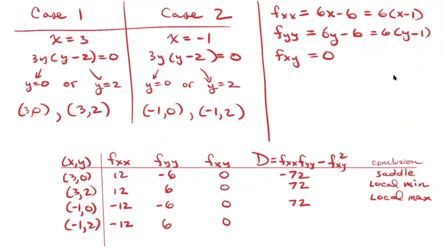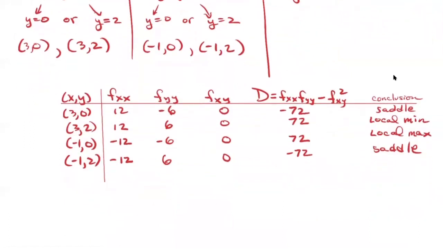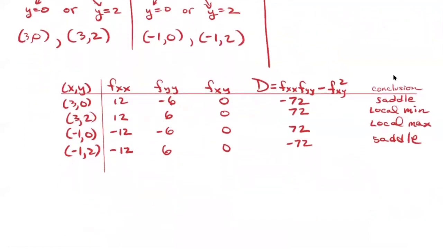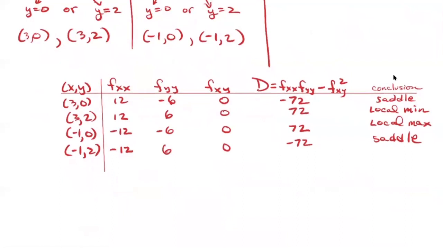So once again, d is fxx times fyy, that's negative 12 times 6 minus 0 squared, which is negative 72. Don't have to go another step, that's a saddle. Whenever d is negative, you have a saddle. So that's how you make the classifications for each critical point. I'm going to pause and wait for questions.